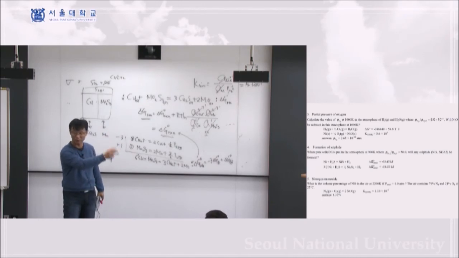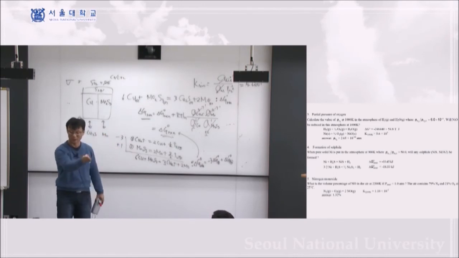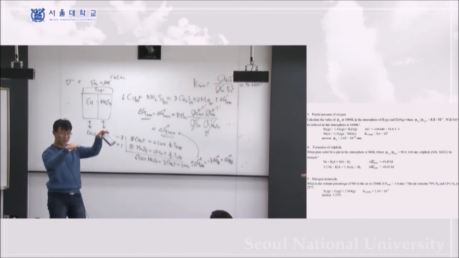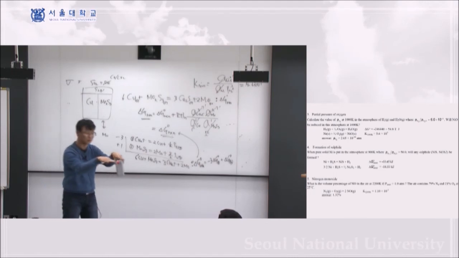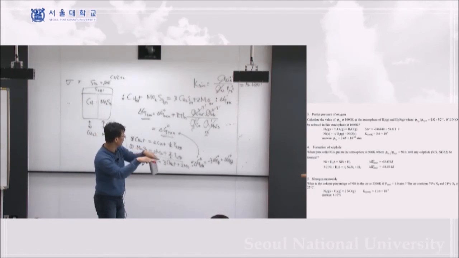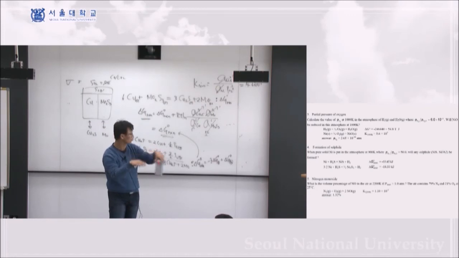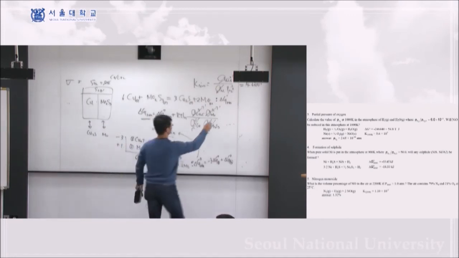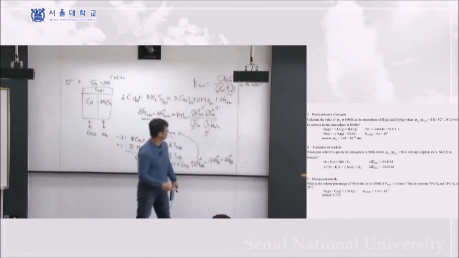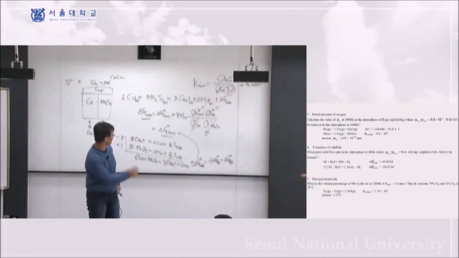The reaction we are talking about is nickel and nickel oxide. When nickel starts to react with oxygen at equilibrium, nickel and nickel oxide exist together, because reactant and product should exist together at equilibrium. Under that condition, what would be the virtual partial pressure of oxygen? That's this value.